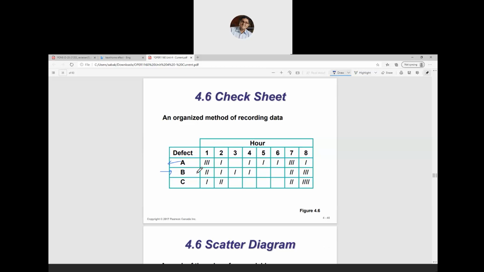For example, it appears to me that defect A is maximum during, say, hour 1 and hour 7. So I can try to find out why. My defect A was that the packaging was not proper, so I can try to find out why the packaging was not proper during hour 1 and hour 7.